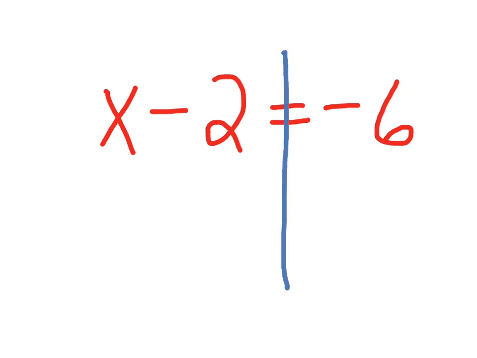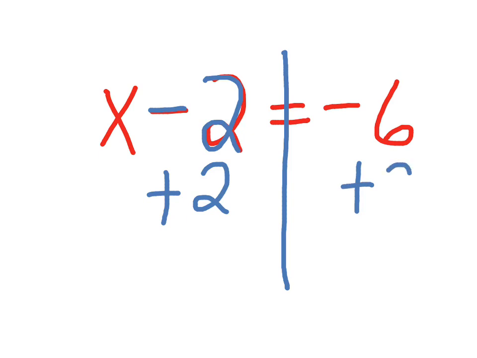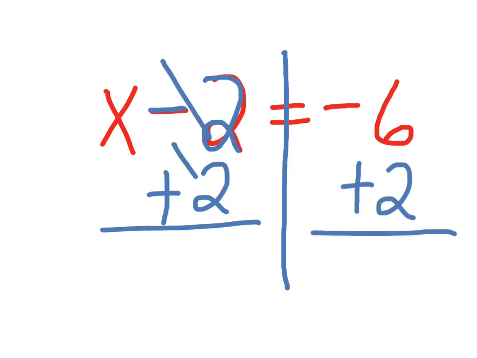So draw a line separating the left side and the right side of the equation. So this is subtracting by 2. The opposite of subtracting by 2 is adding 2. Cross this out. 2 minus 2 will be 0.